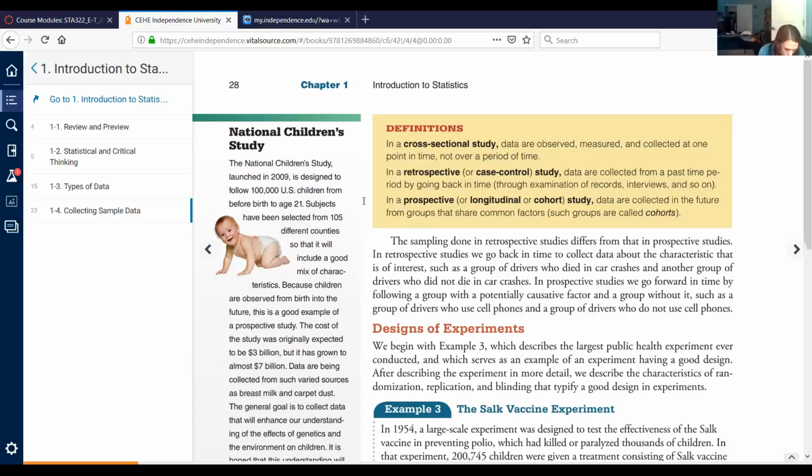And prospective studies are usually taken over time, starting at a certain point with a group of people, a group of subjects that you follow and collect the data.